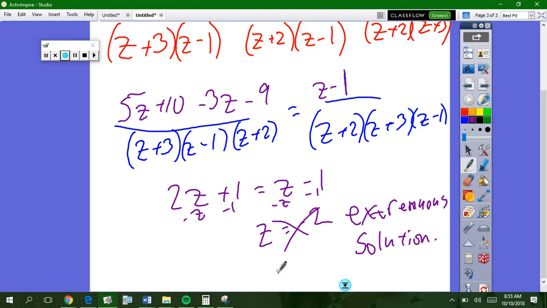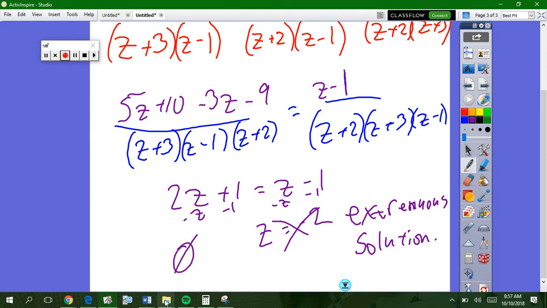Most of the time when you have extraneous solutions, they come from when you're factoring and you get multiple answers. They'll have maybe an empty set.